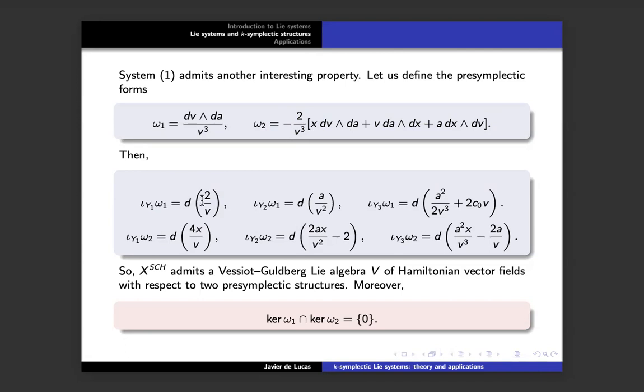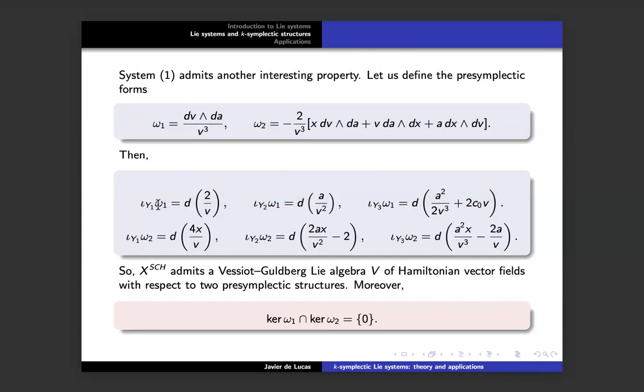Okay, and there is another fun thing: if you make the contraction of this differential form with the vector fields of the Poisson-coalgebra algebra of the Riccati equation, it turns out that all these vector fields satisfy something like the property in symplectic geometry.